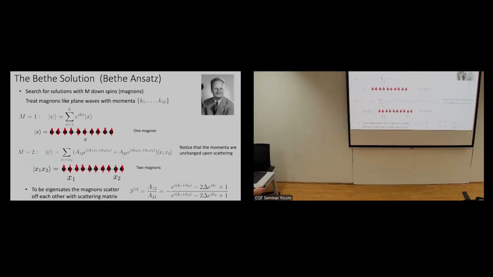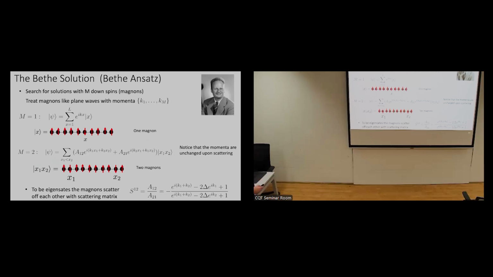So this model was first solved in 1931, remarkably early. Quantum mechanics was discovered in 1925, and the first many-body interacting system was solved already in 1931 by a young postdoc called Hans Bethe.